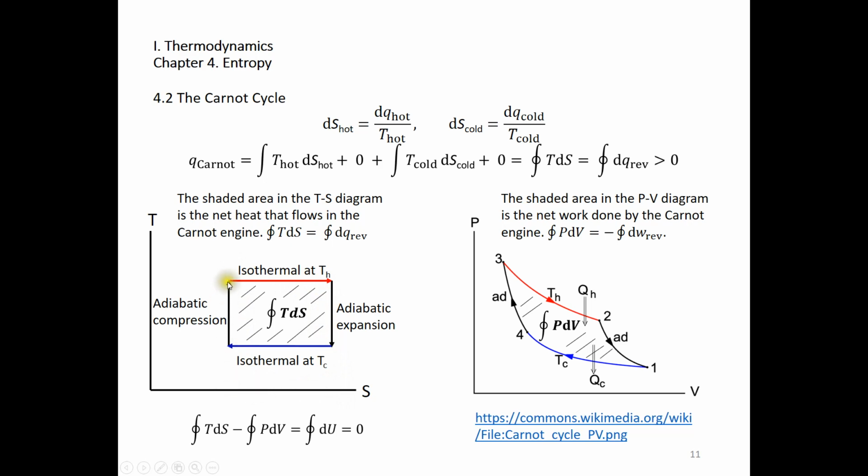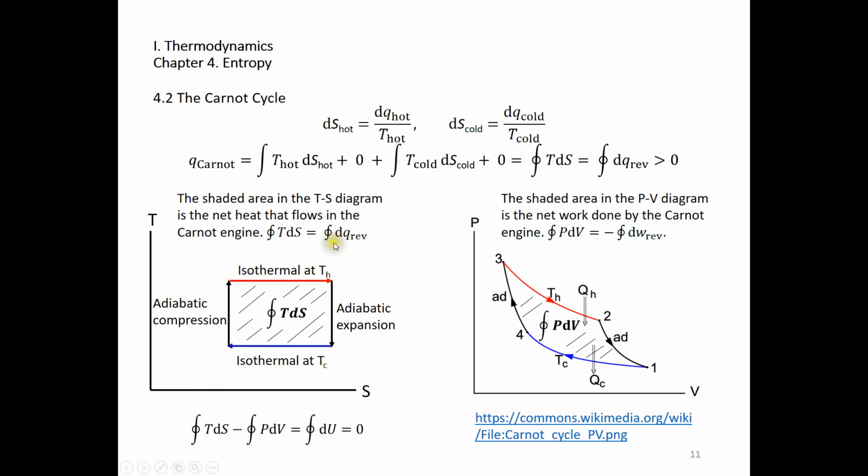Right, and then let's look at this one, T cold dS cold. Well, it's the area from here to here, and then we have this smaller rectangle. Again, this is positive, this is negative, so overall it's going to be this large rectangle minus this small rectangle.